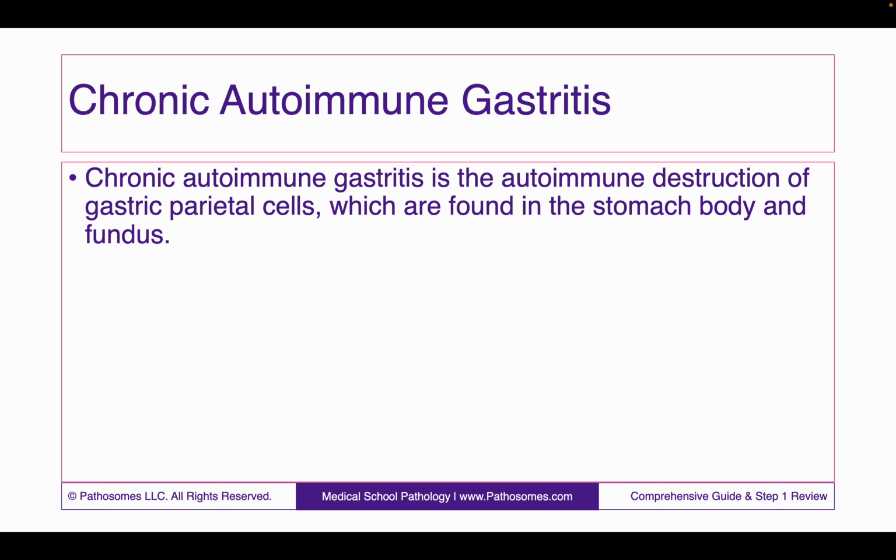Here we can see peptic ulcer disease from a specimen that was actually removed via gastrectomy, right? So this is what it looked like grossly for the pathologists. Hopefully the stomach doesn't need to be removed, or a partial portion of the stomach.